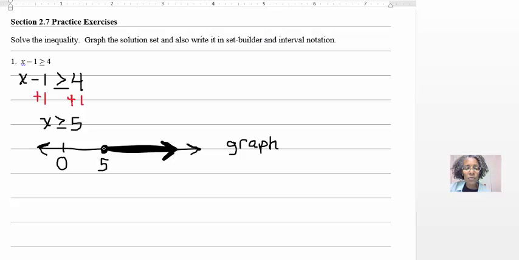As an interval, when 5 is included, remember this equal to in the inequality x greater than or equal to 5 means 5 is included. So on a graph, I show that with a solid circle. On an interval, I show that with a square bracket beside the endpoint.